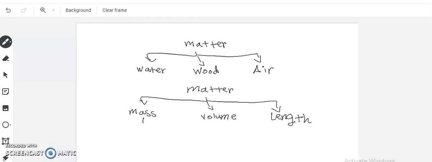Mass is a physical quantity and it represents the amount of matter in the object. So this is the mass, the amount or quantity of the matter in the object.